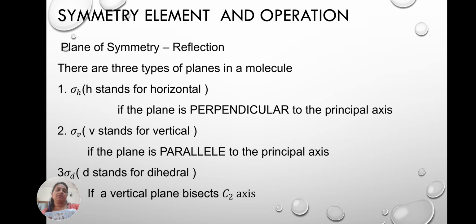Sigma h is if the plane is perpendicular to the principal axis. This was one plane and this was another plane. There is no plane like this that is perpendicular. Perpendicular means it should be like this. It doesn't have such a plane.